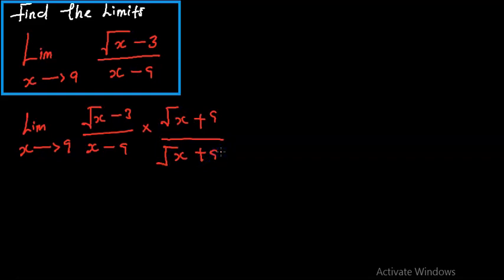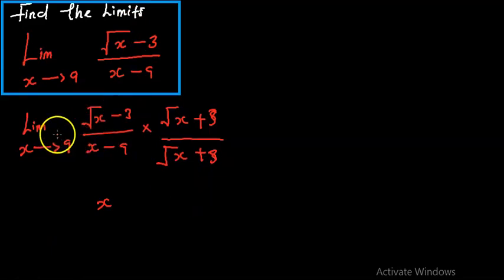Next thing you need to do is to simplify the expression. Square root of x multiplied by square root of x is simply going to be x. In this case, we're getting rid of the square root. So remember, this is 3, this is 3, because we are taking the conjugate of the numerator, not the denominator.